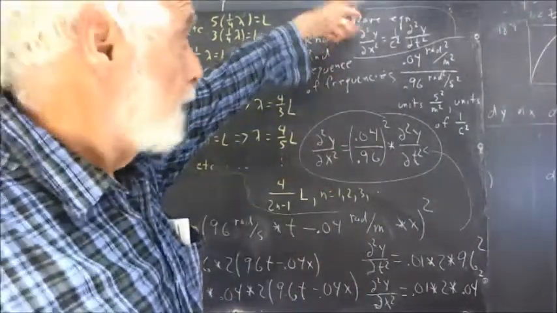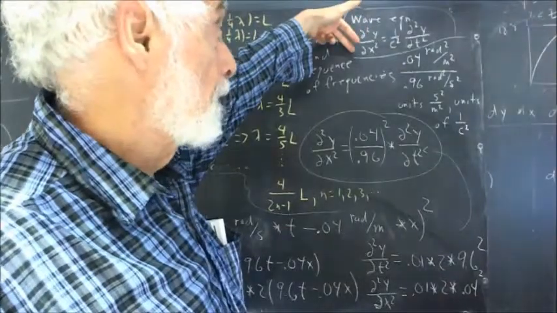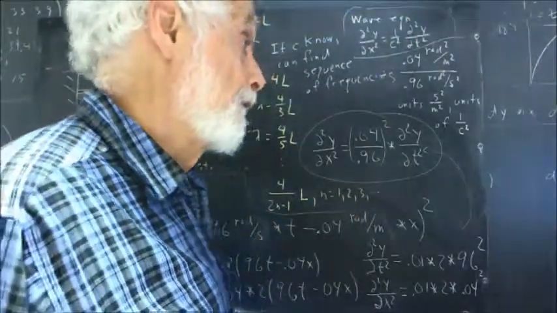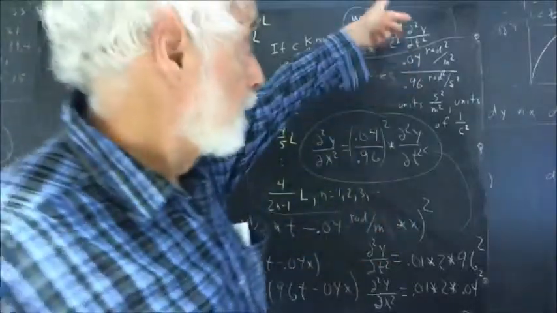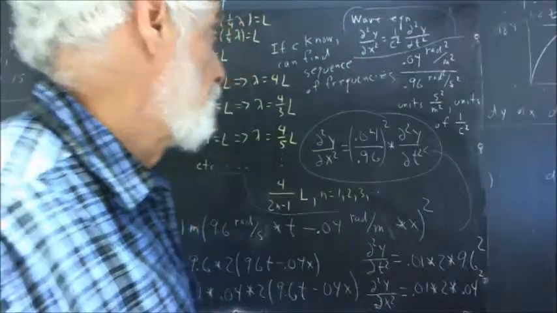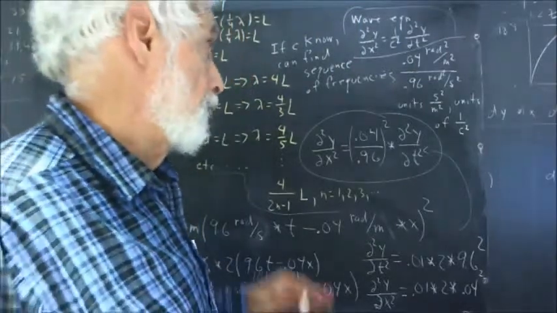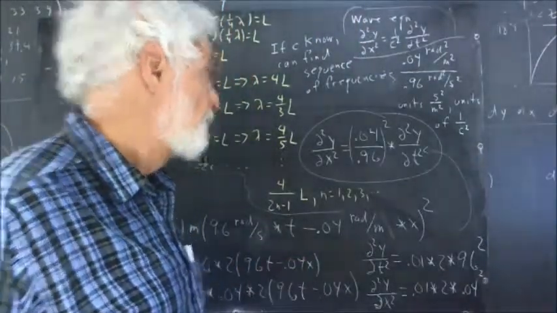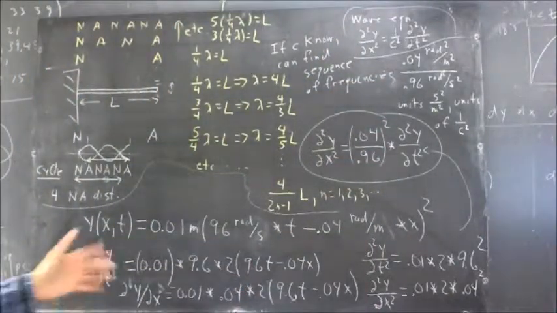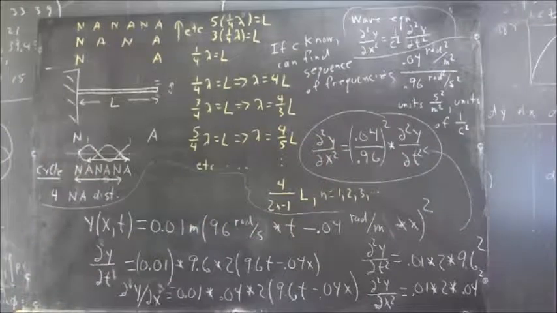The wave equation is: second partial of y with respect to x is 1 over c squared times the second partial of y with respect to t. Alternatively, second partial of y with respect to t is c squared times the second partial with respect to x. There are, again, reasons for that you should think about, but that's how you answer this question in any case, and a little bit more of the context of the question.